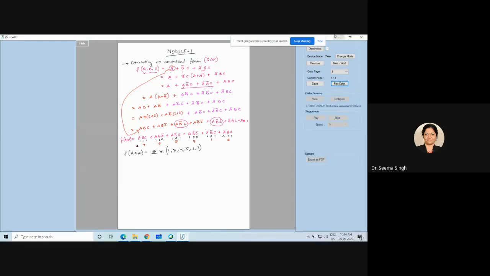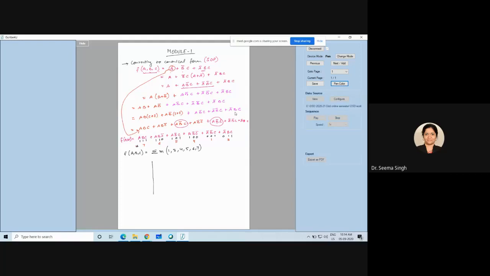So what did I do? I converted an expression into a canonical SOP form, and I have written it in a canonical SOP form that contains min terms. Now, what does the definition say, that it will be a 1 for the given expression? Now, I will make a truth table.